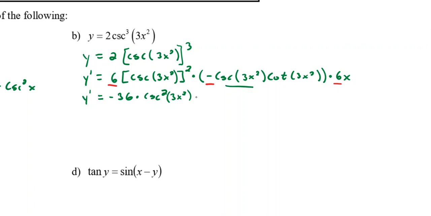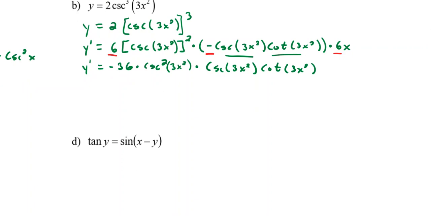Now I'm looking at this one. So times cosecant of 3x squared. That's good. And then cotan, so just writing it again, cotan 3x squared. And then we're pretty good, but I do notice that cosecant and cosecant, those are the same, right? So if we multiply those, you add the exponents.